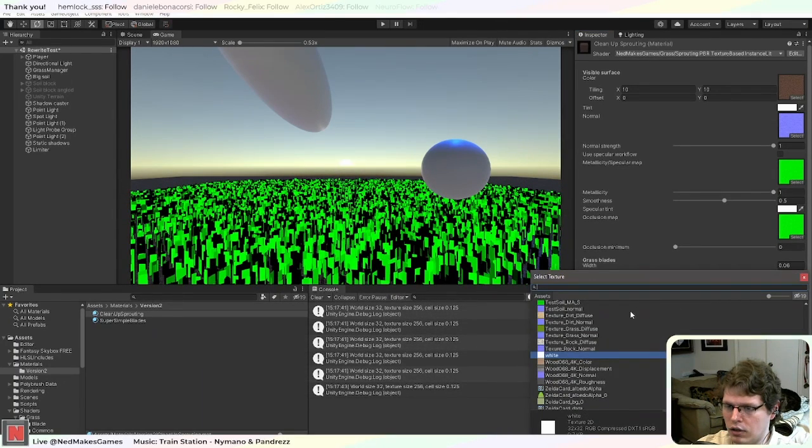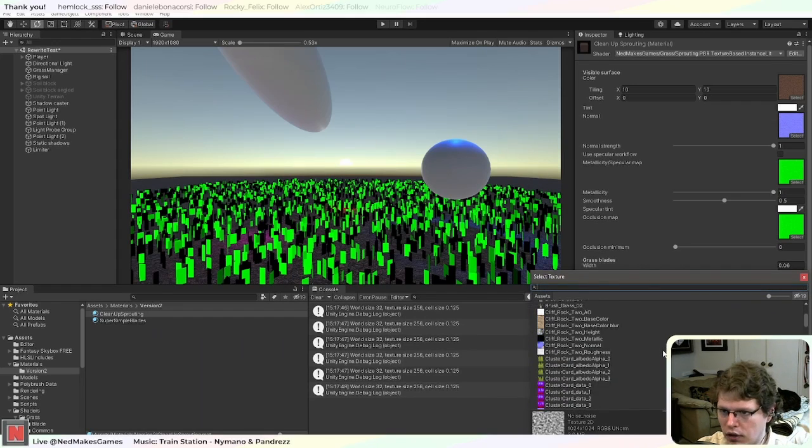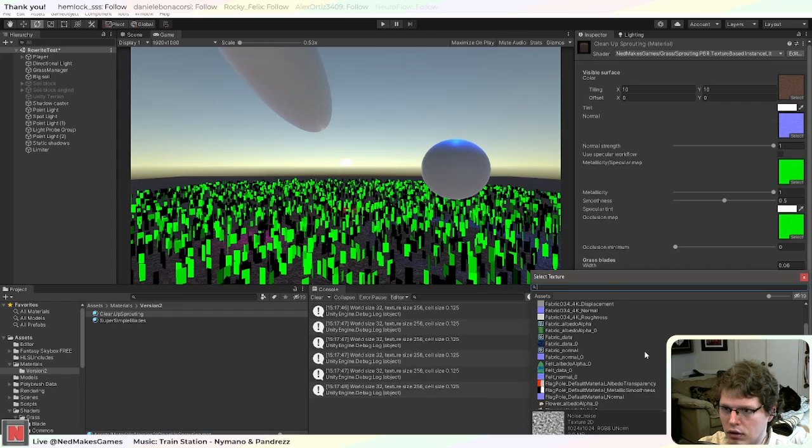And if I add a noise texture here, you can see that also affects it. Pretty sure I have a test checkerboard pattern.